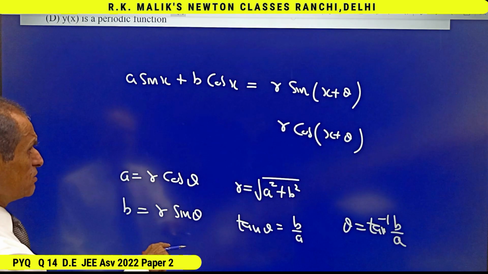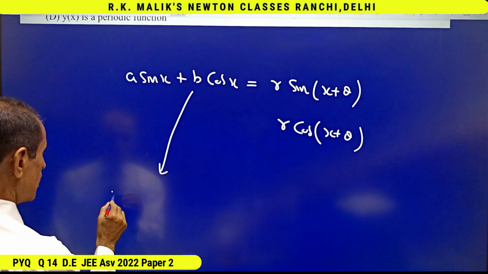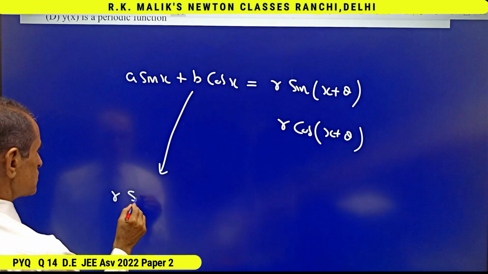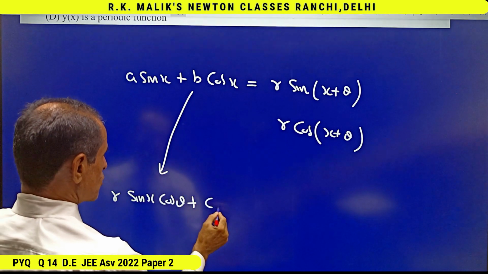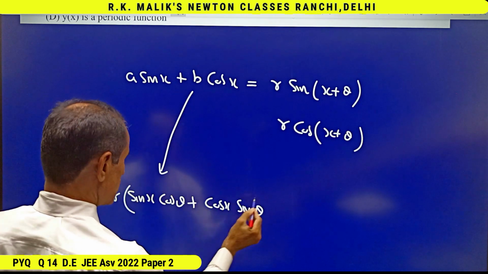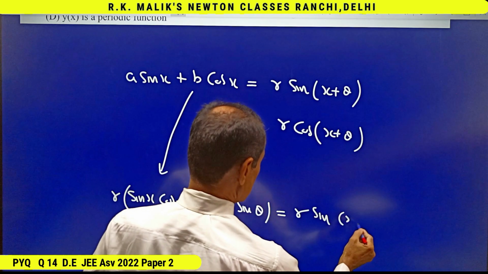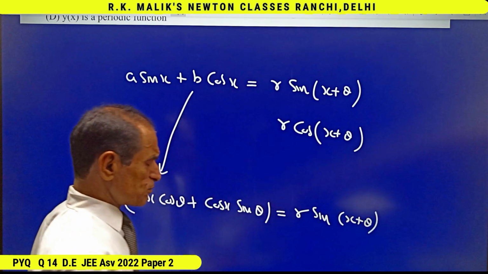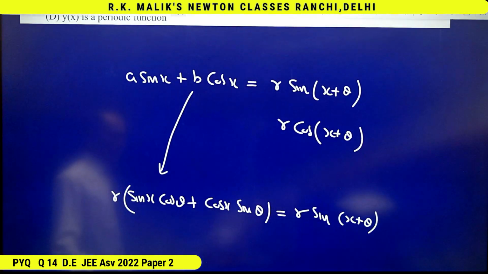By using this, it can be written as r (sin x cos theta plus cos x sin theta), that is, it will become r sin(x plus theta). Actually, all of you must be knowing this. I have told you just for you to be able to recall.